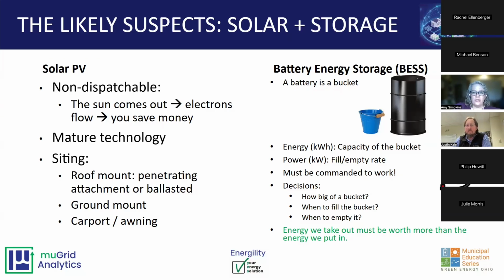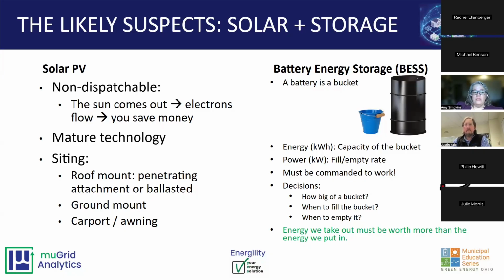When we take a look at your site, we're going to look to see if the solar should go on the roof. When it's on the roof, it can be a penetrating attachment, meaning screws into the roof, or a ballasted attachment if your roof is flat, meaning the solar will just literally sit on the roof, and then it's often weighted down by some sandbags or blocks to keep it from moving around in the wind. Another option would be ground mount solar.